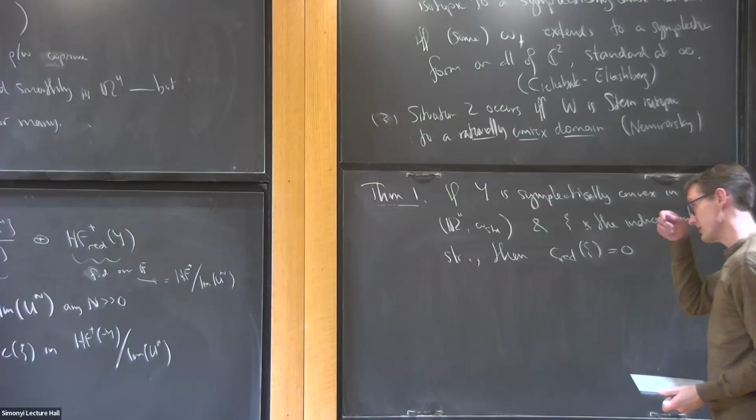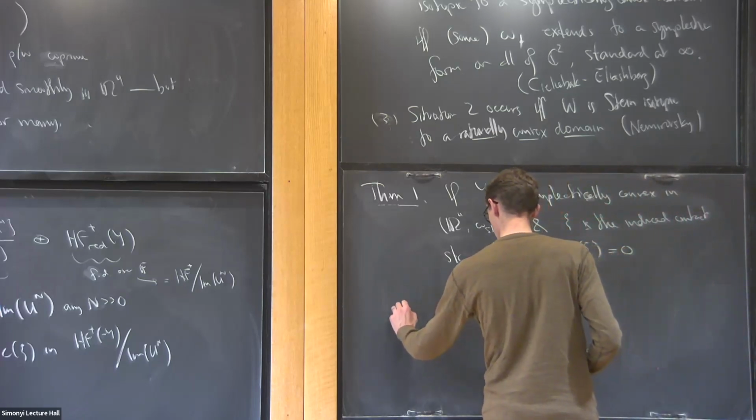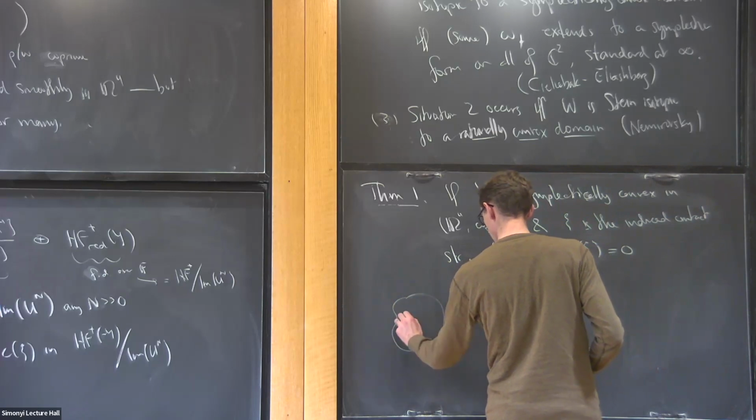And I can give you a little bit of the idea of why this happens, because it'll be useful later. So here you have your symplectically convex domain.